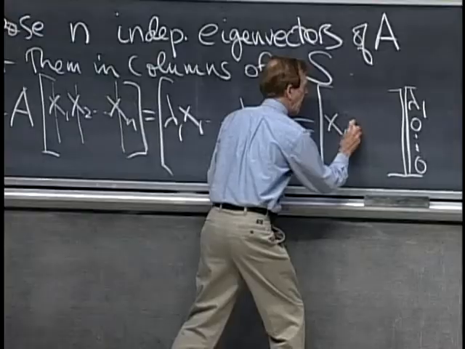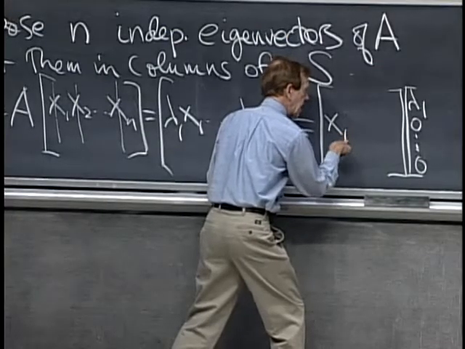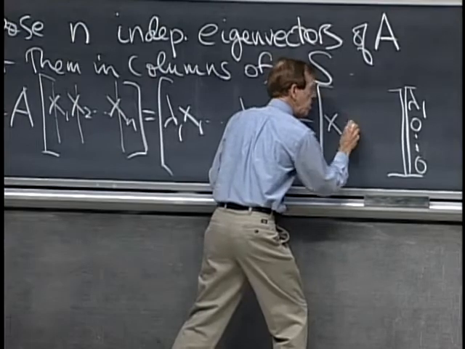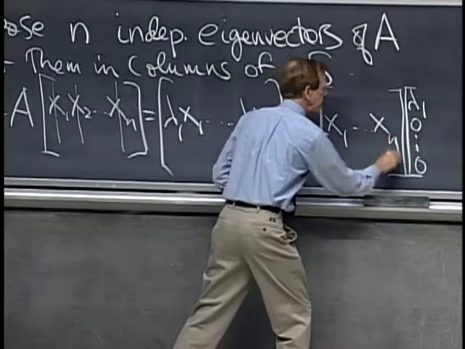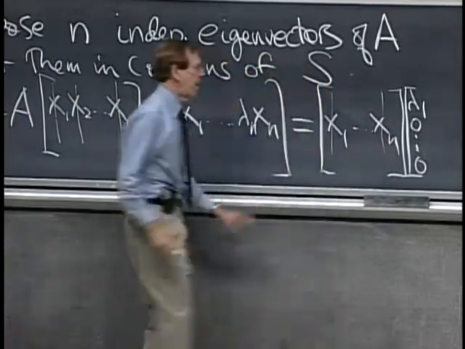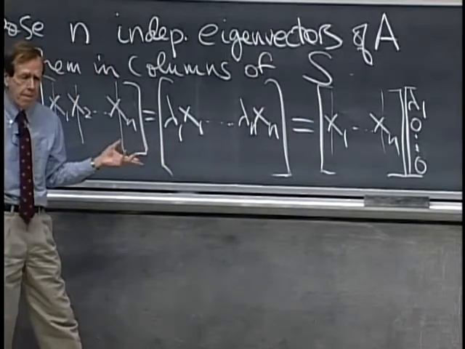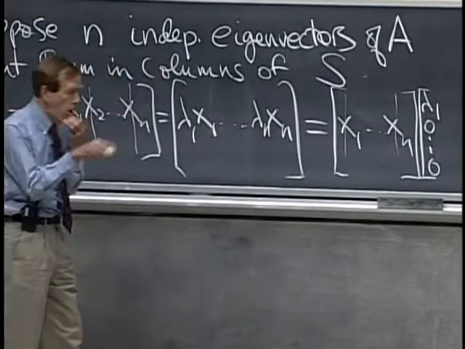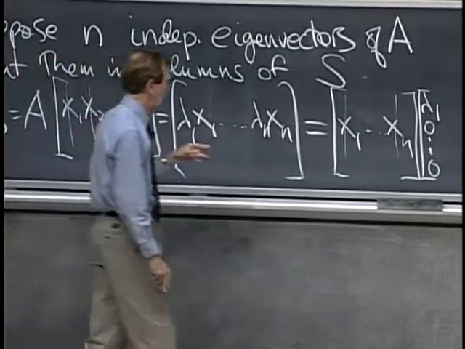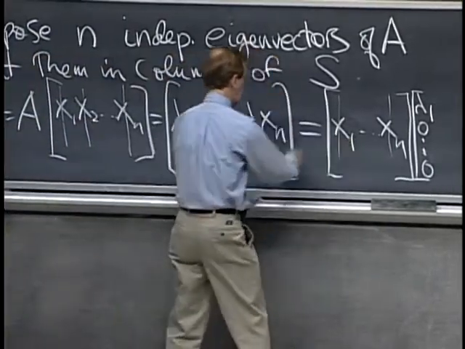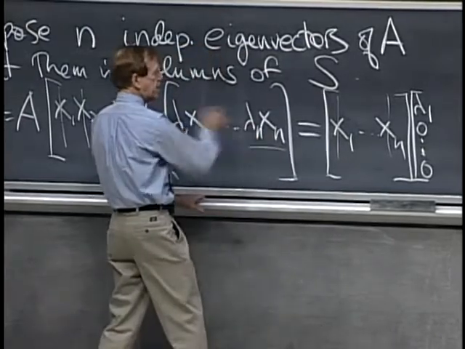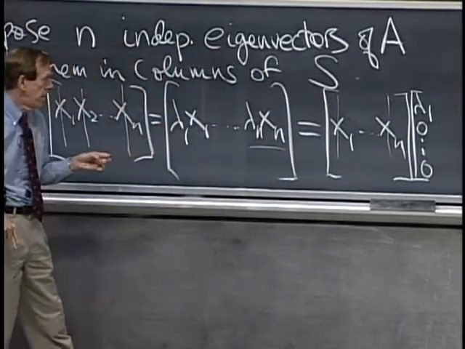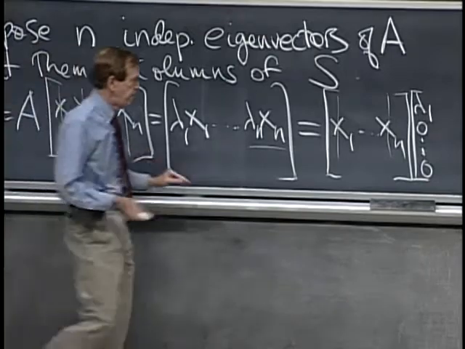What am I going to have here? I'm going to have x1, x2, xn. These are going to be my columns again. I'm getting S back again, but now what's it multiplied by? On the right, if I want lambda n xn in the last column, how do I do it?